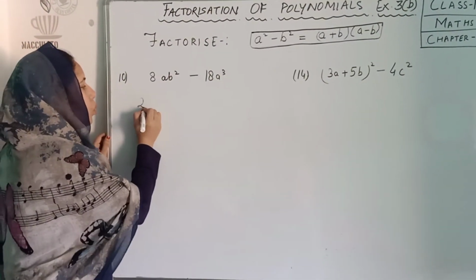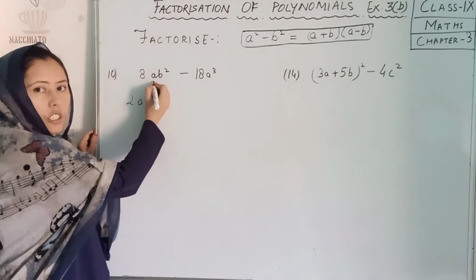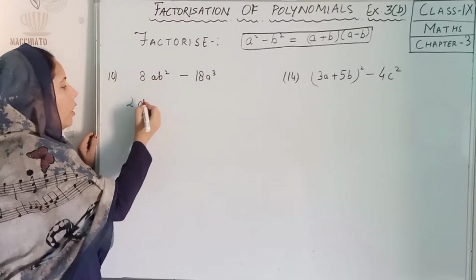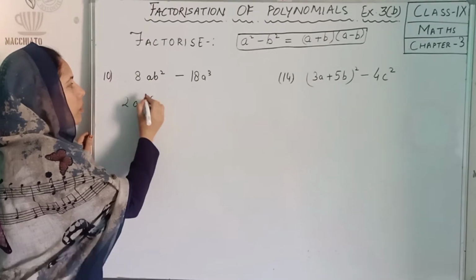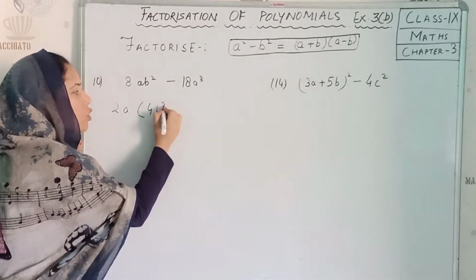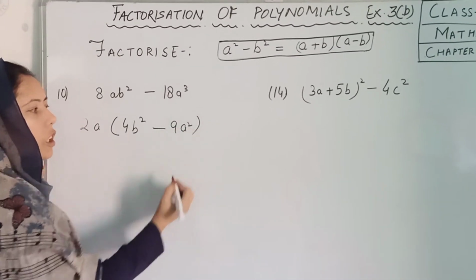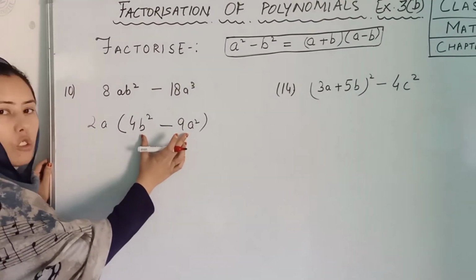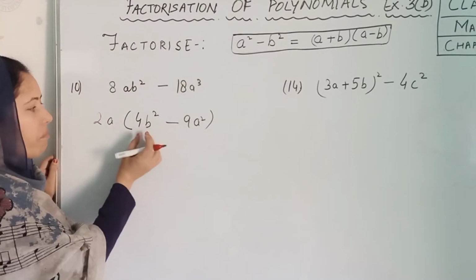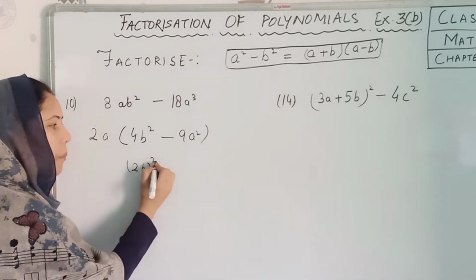Now question number 10. We will take 2a as common. A cube is here and 1a is here, so it is not a square. 2a we will take common. What is left? 4a is gone, only b square is left. Minus 9a square is left. Now if you observe these two terms, they both are squares. 4b square is the square of 2b whole square.